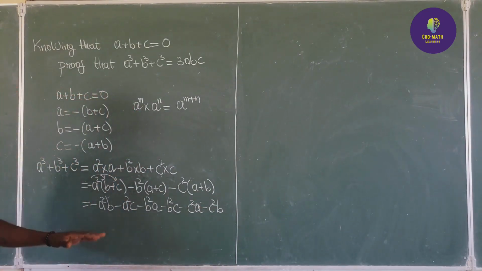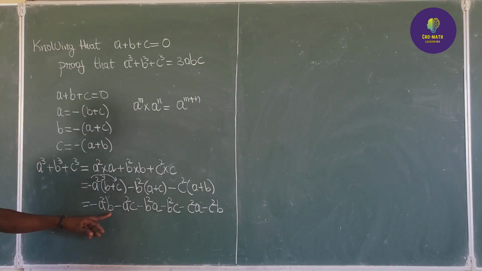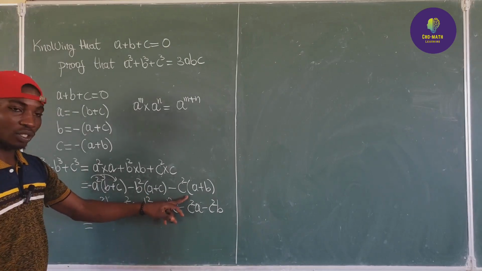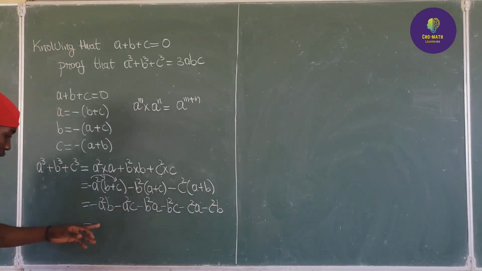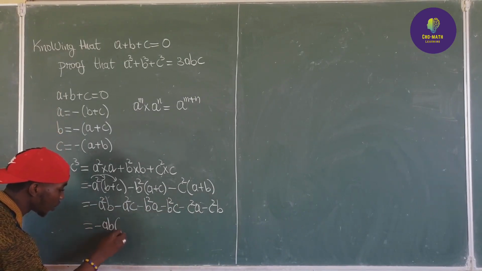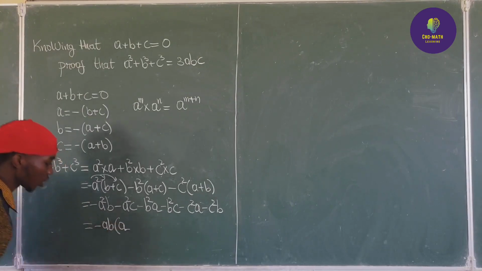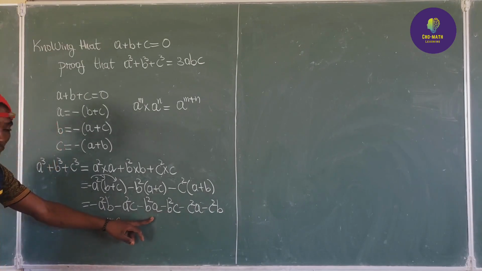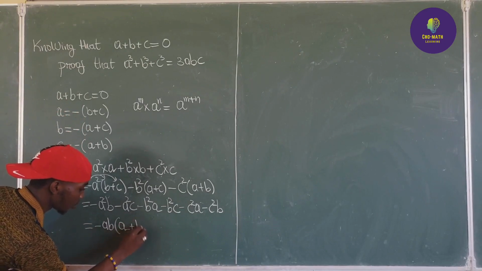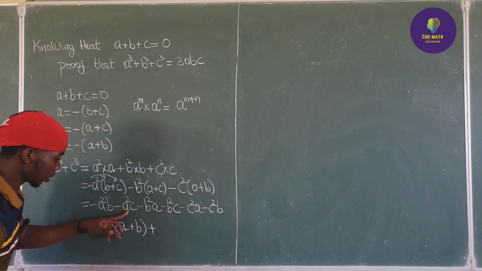Now I'm going to reduce this expression. I have negative a squared b, negative b squared a, negative c squared a. So here I'm going to factor by negative ab. That's negative ab into, if I remove negative ab here, I'll remain with a, and in this one, if we remove negative ab, we'll remain with b. That's a plus b, since the minus is already here. And we factor here by negative ac.